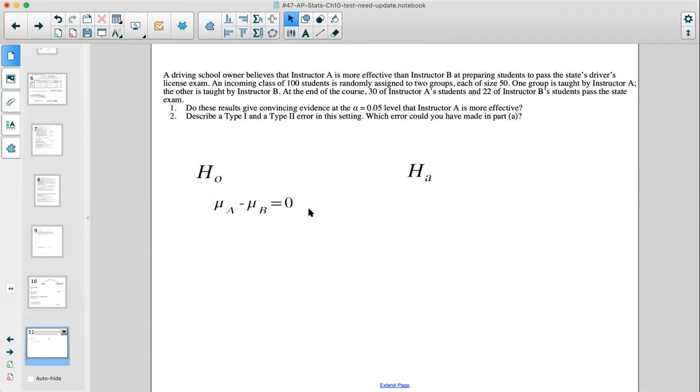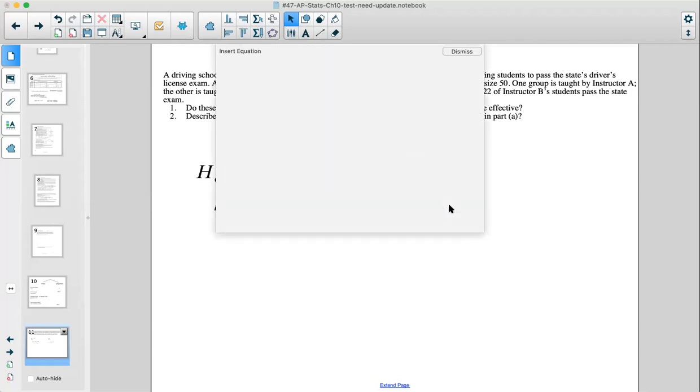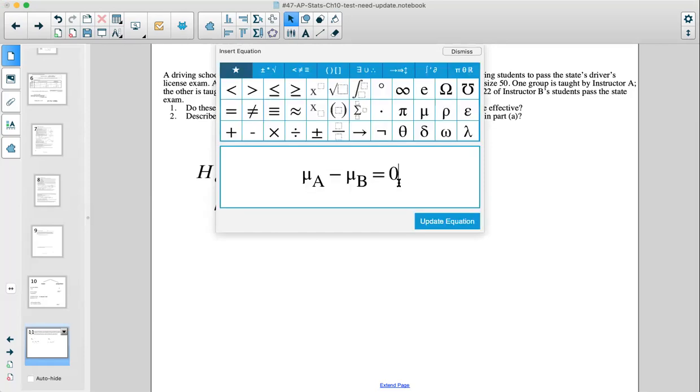The alternative hypothesis is, because instructor A is assumed to have a higher percentage, it goes to the greater than.